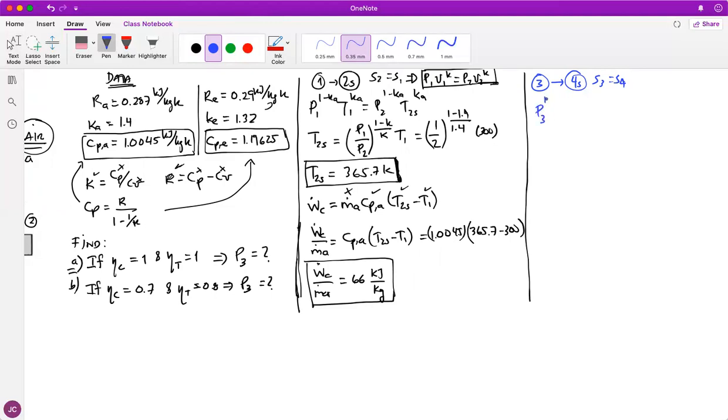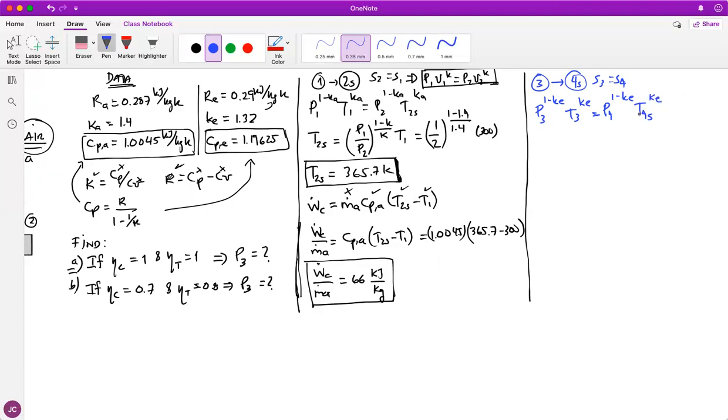Maybe P3 to the 1 minus k over k times T3 equals P4 to the 1 minus k over k times T4S. Why? Because after an ideal turbine, you will get an ideal outlet temperature for that turbine.